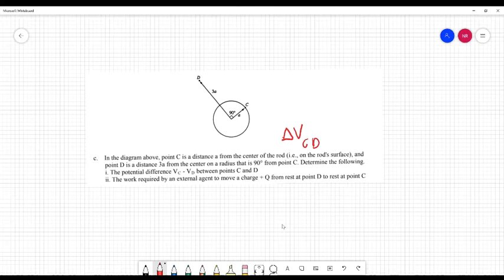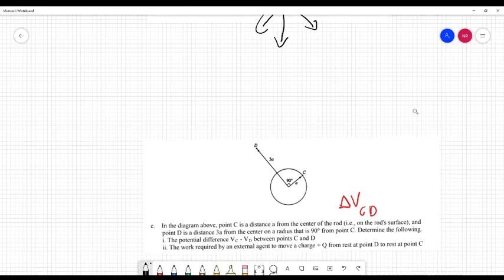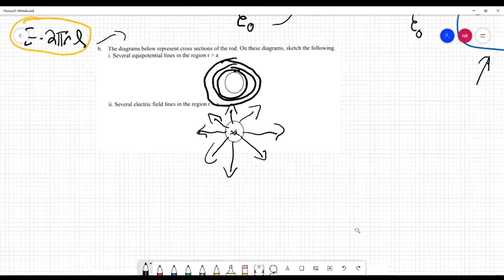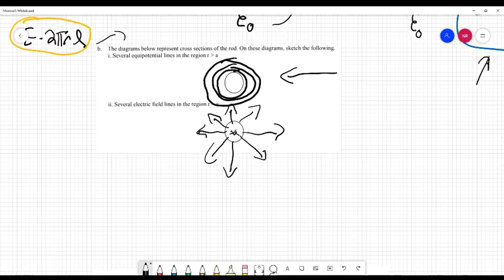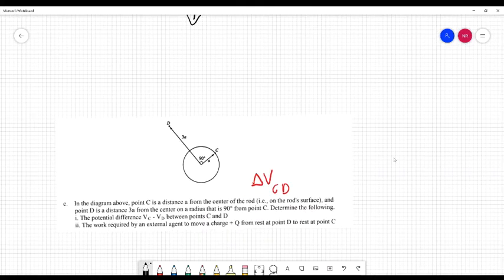So first off, we need to figure out how we would approach this problem. Just like we looked at in part B, the equipotential lines around this rod will be like concentric circles. So that means that the amount of work it takes to move a point anywhere along a concentric path would end up being 0.